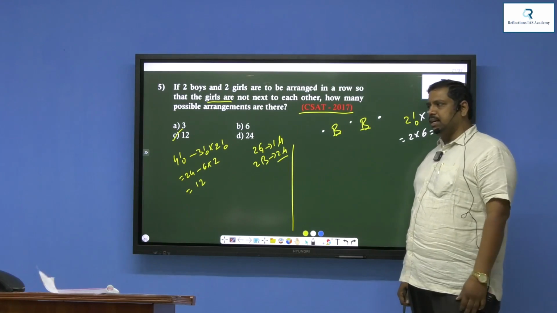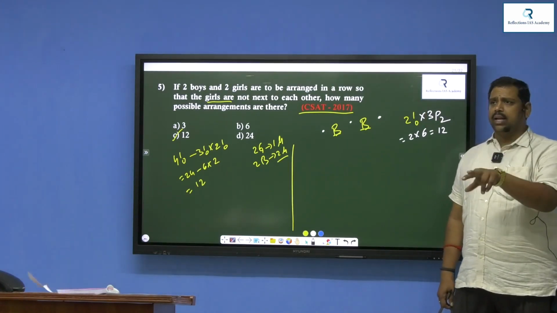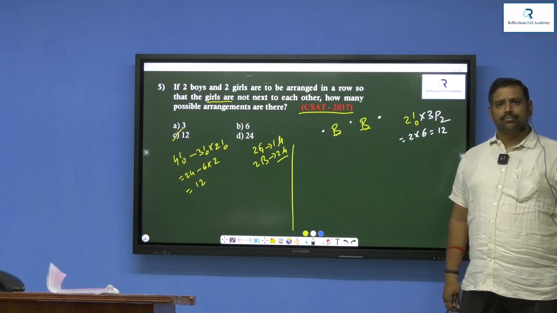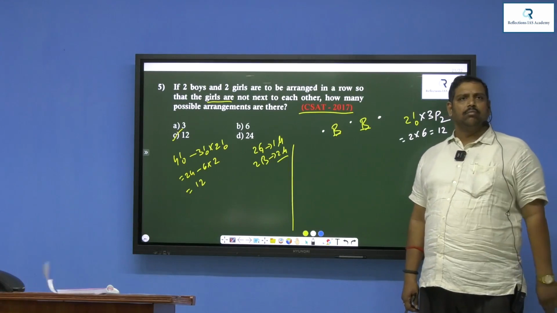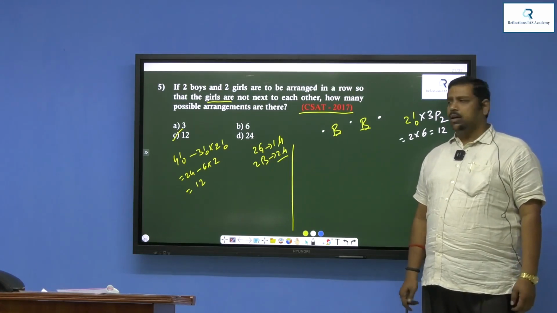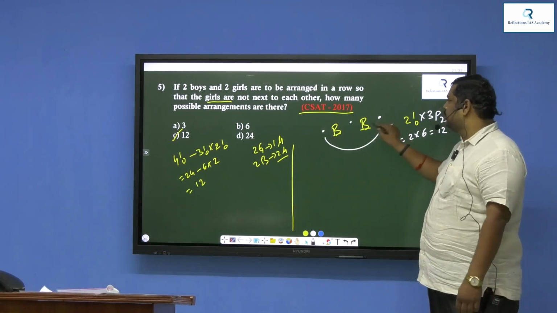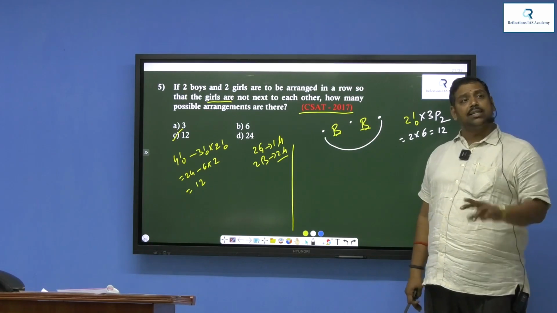If he is saying that girls should not come together, you have to take it as boys you should arrange, then the girls. Suppose if he said that boys and girls are alternate to each other. In this case, if 2 girls come here, boys are not alternate. Yes or no? That's a different case again.